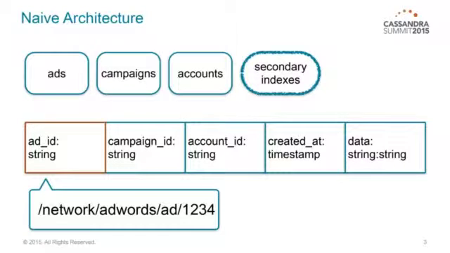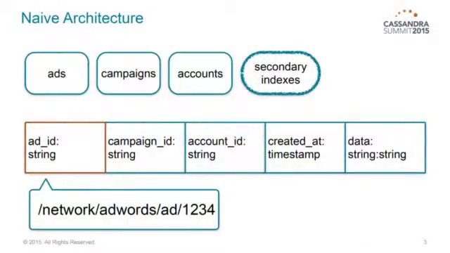You have ads belong to campaigns belong to accounts, and you have this hierarchical structure. And that's partly why we thought we could get away with doing something relational-like in Cassandra, because our data is very hierarchical. At least most of the relationships we care about are hierarchical relationships. And some of that is expressed in the way that we decided to store the data.